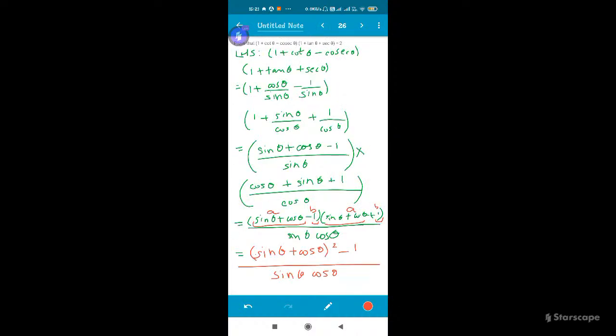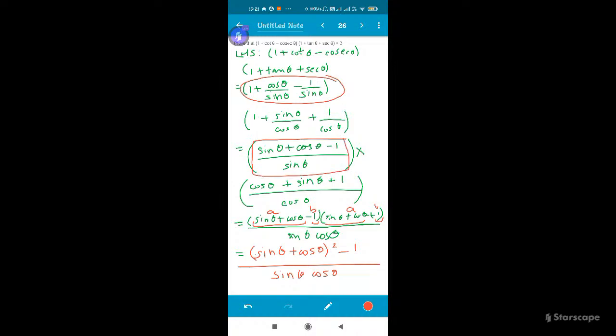So what we have done out here, just see. First of all, we have converted cot into cos by sin, cosec into 1 by sin, tan into sin by cos, and sec into 1 by cos. Now this entire thing is under one bracket, so we can take the LCM and write it under the same fraction bar.